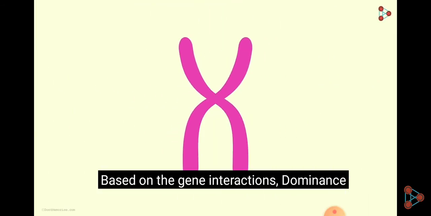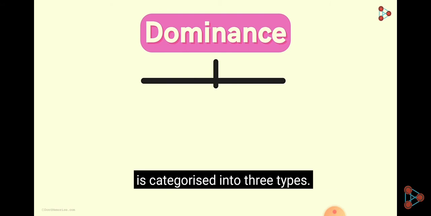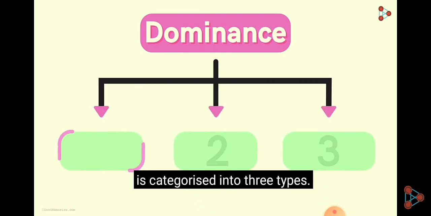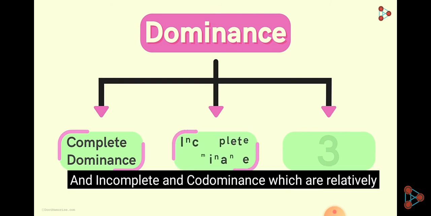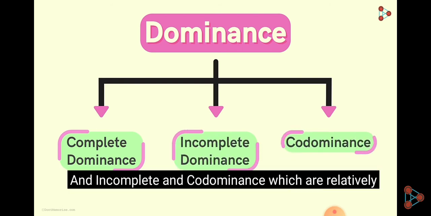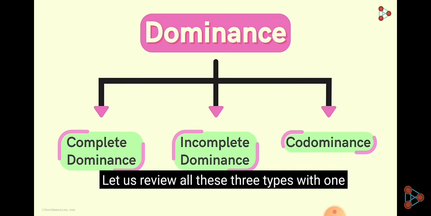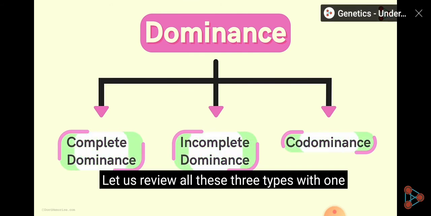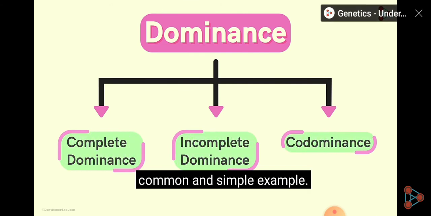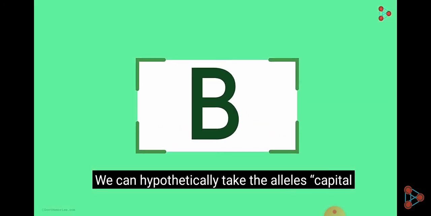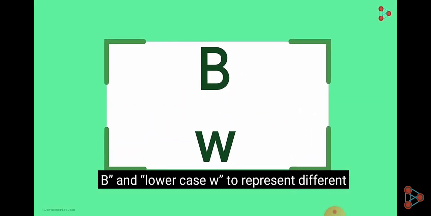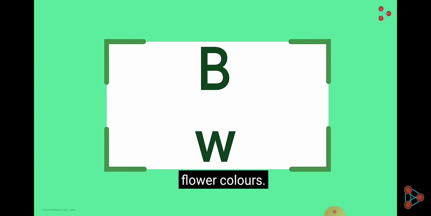Based on the gene interactions, dominance is categorized into three types: complete dominance, which is very common in nature, and incomplete and codominance, which are relatively rare. Let's review all these three types with one common and simple example. We can hypothetically take the alleles capital B and lowercase w to represent different flower colors.